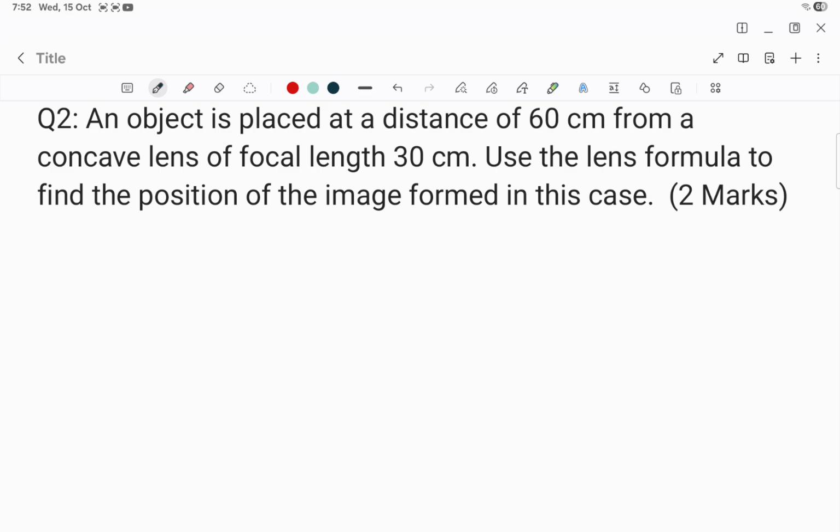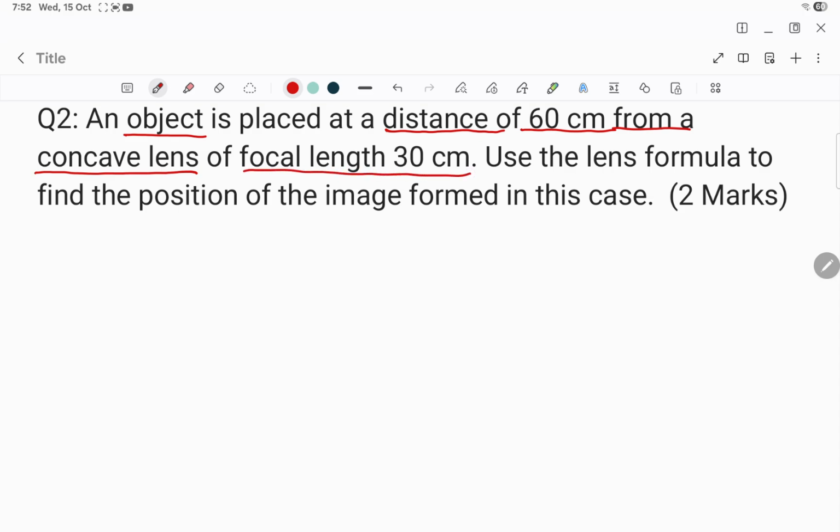First of all, let's see the question. An object is placed at a distance of 60 centimeter from a concave lens whose focal length is 30 centimeter.